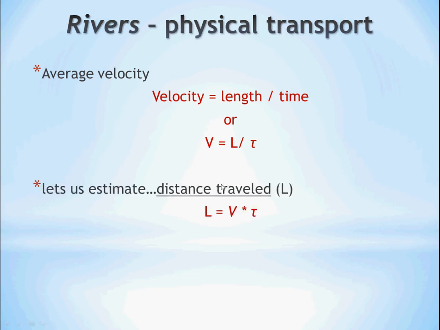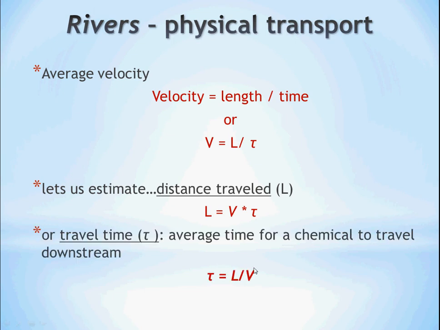So velocity can help us estimate the distance traveled. If we know velocity and the amount of time that something's been in the river, we can estimate how far it's gone. And we can also estimate how long it's going to take for a chemical to move downstream. So this would be the distance we're interested in, and this would be the velocity that we know, and we can use those two things to figure out how long it's going to take to move that distance.